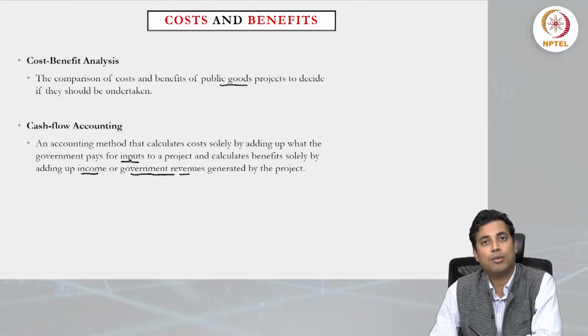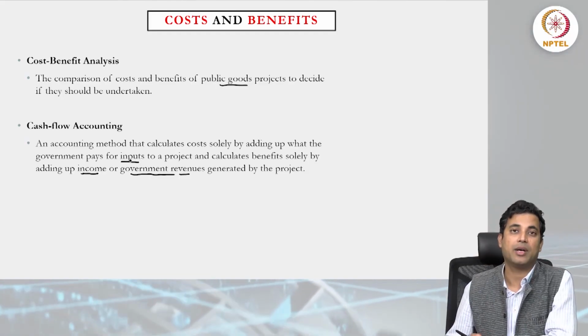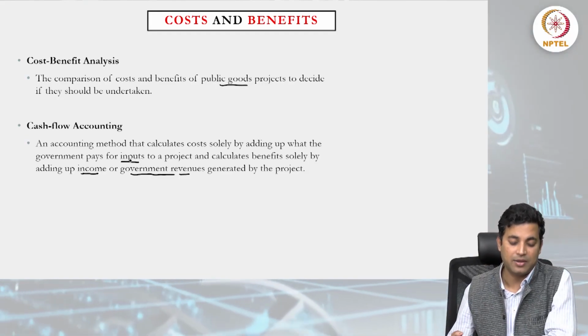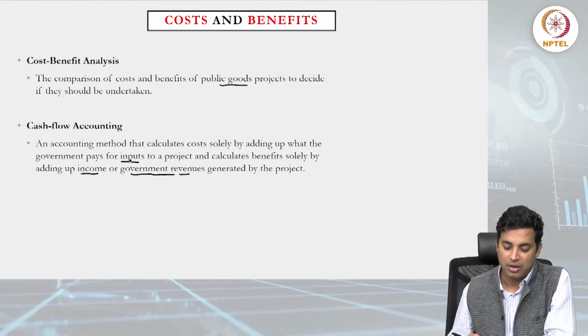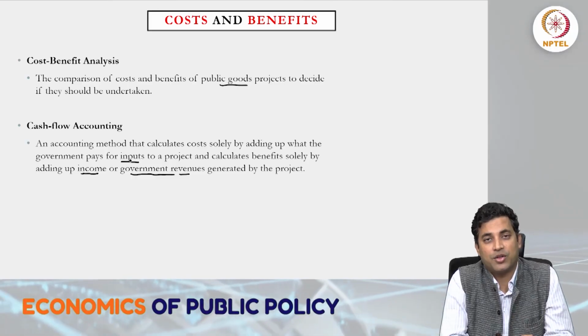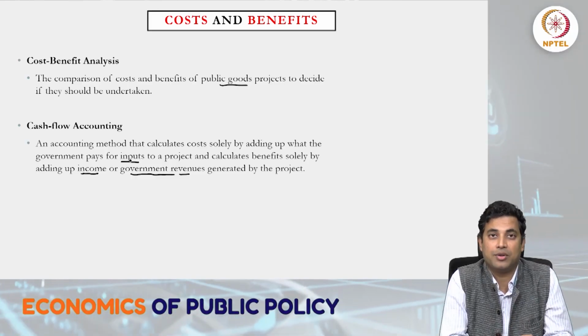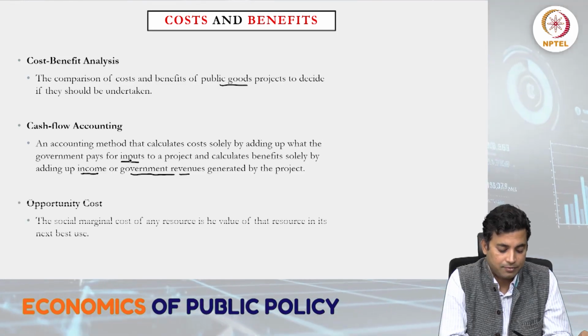We also have to understand what kind of benefits we get out of it as government revenue from the project. So the project should account for all the costs associated with it.